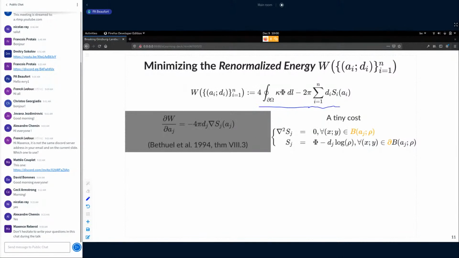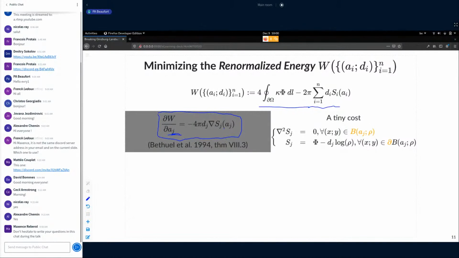And what is interesting with this expression is that if you want to minimize it, you have an exact expression for its gradient depending on the location of your critical points.